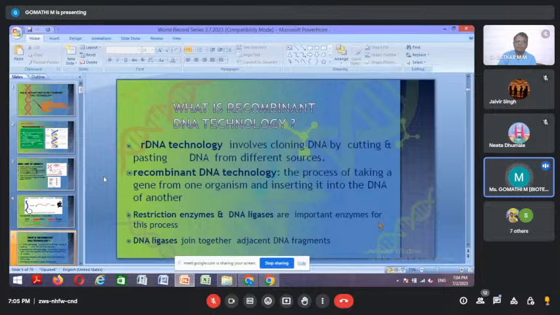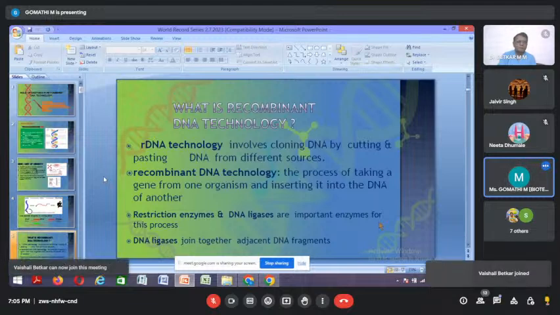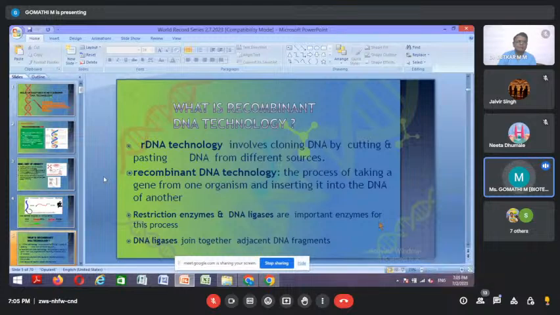Now, what is recombinant DNA technology? We have seen what DNA and a gene are. Recombinant DNA technology is a combination of two different DNAs or genes from different sources. This combination can be done by cutting and pasting the DNA.